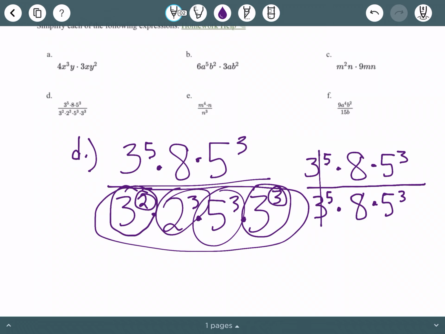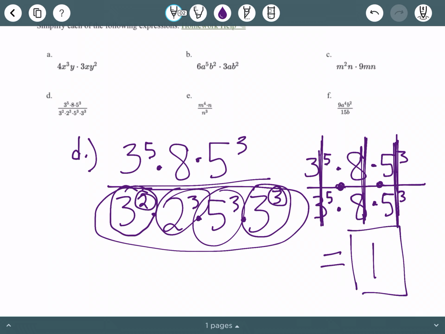So this is just going to give me a giant 1, because anything divided by itself gives us 1. So I'm going to draw in 3 giant 1s. So I have 1 times 1 times 1. Well, 1 times 1 is 1 times 1 is 1. So this whole thing simplifies down to just 1 for part D.